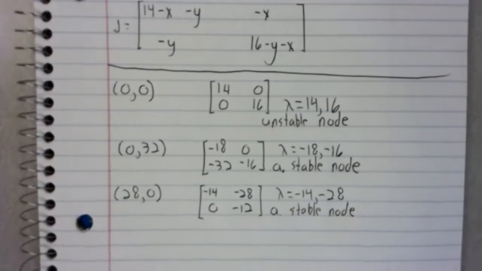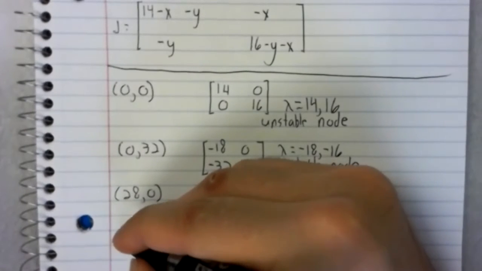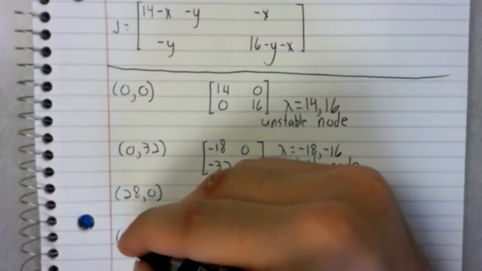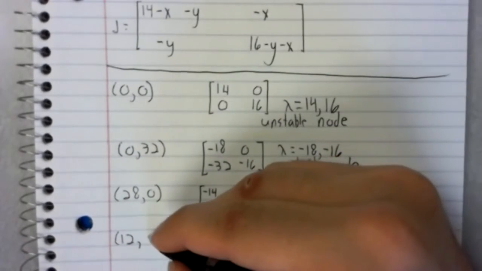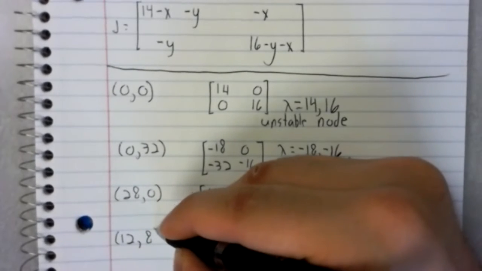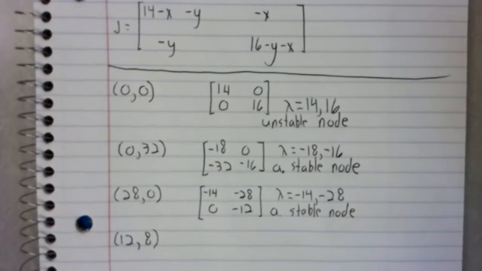We'll now look at mutual coexistence. With 1,200 animals in the first species and 800 in the second species.